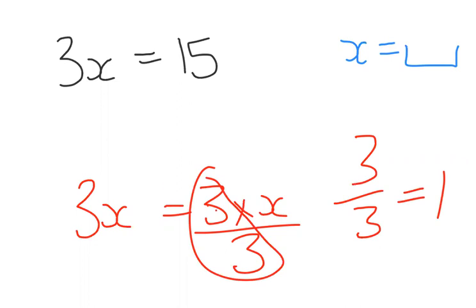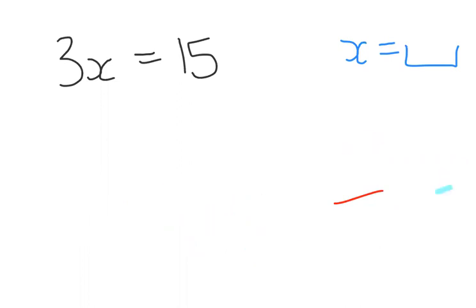Let's just see what it means in the sum, then you will understand it better. So in the sum, you take 3x, and you divide it by 3. But just keep in mind, whatever you do on the left, divide by 3, you have to do on the right as well. Divide by 3.